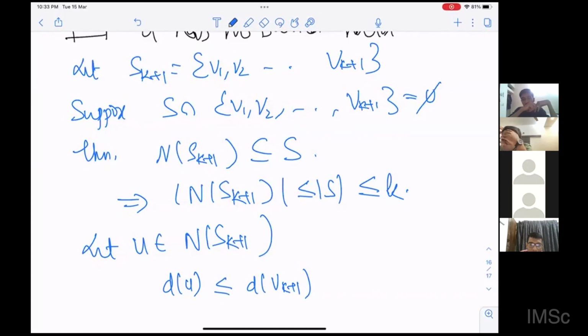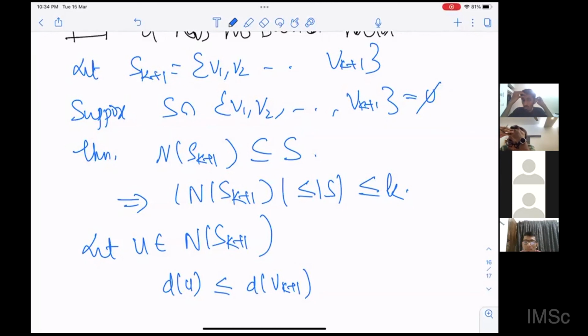So we are assuming there is no edge between two vertices of S_{k+1}, because if there is such an edge, then I have to choose one vertex. That we are assuming, since S intersection S_{k+1} is equal to phi.